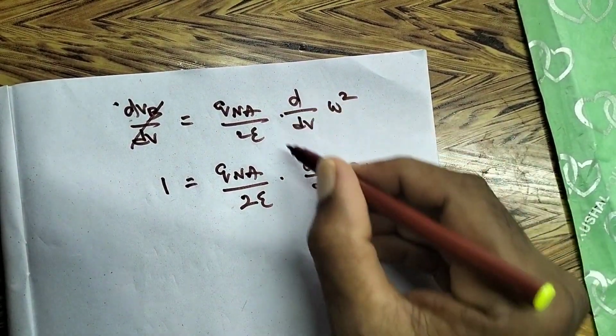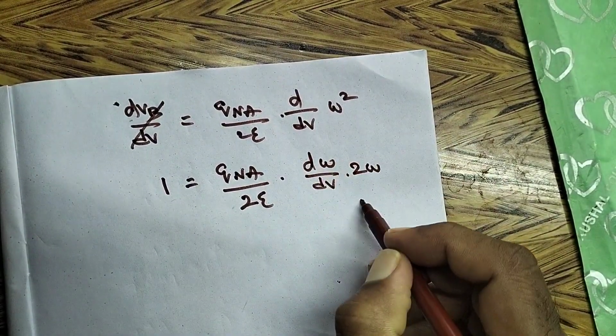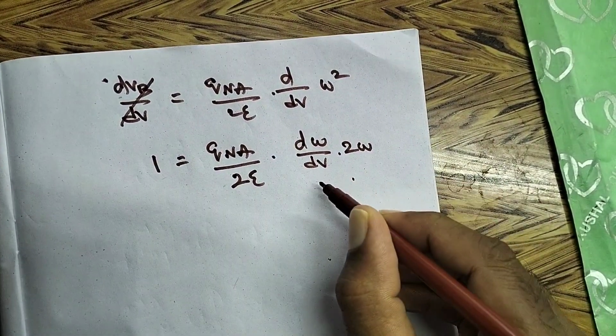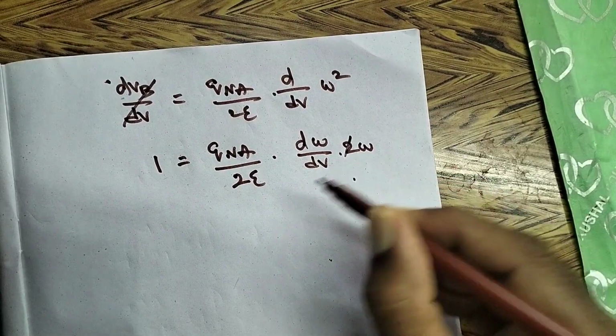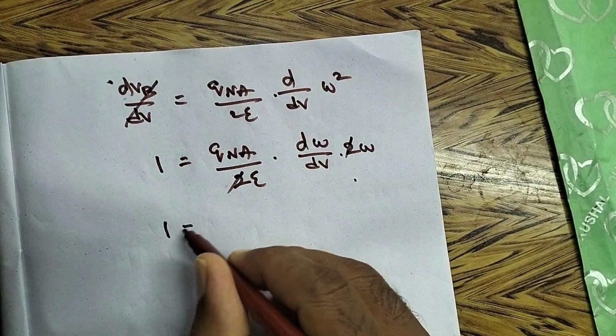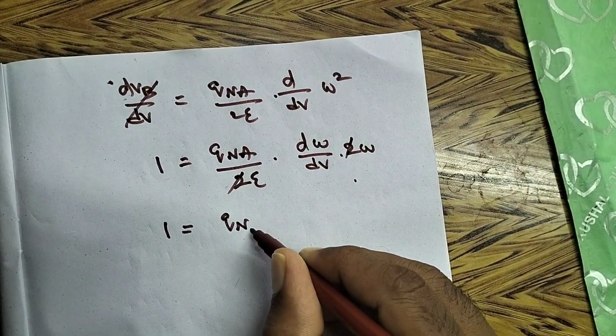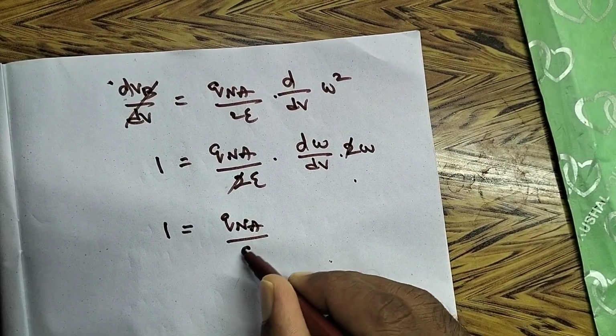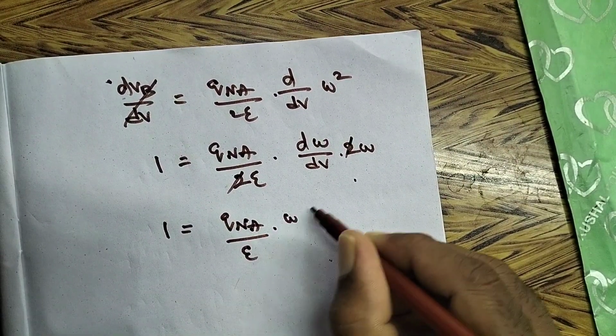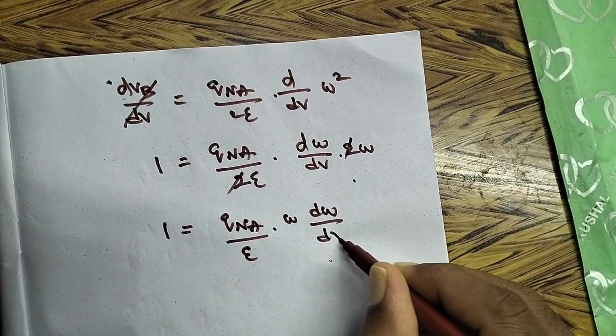So after differentiation you get it like this. Now the 2 gets cancelled, that is q NA by epsilon into w dw by dv.